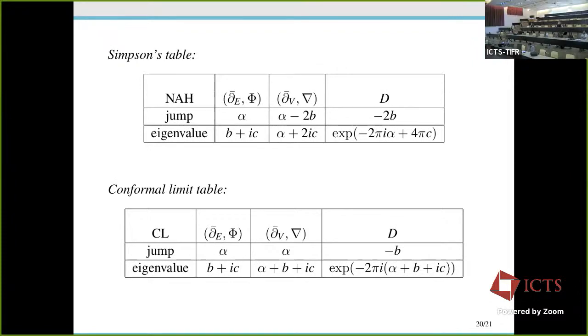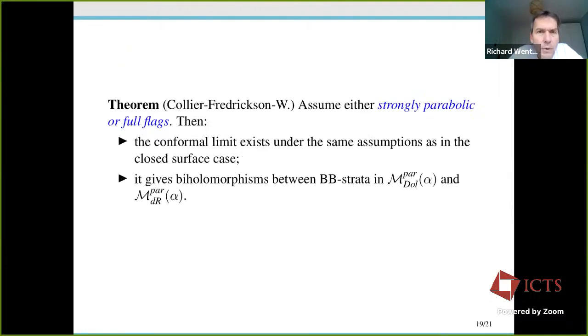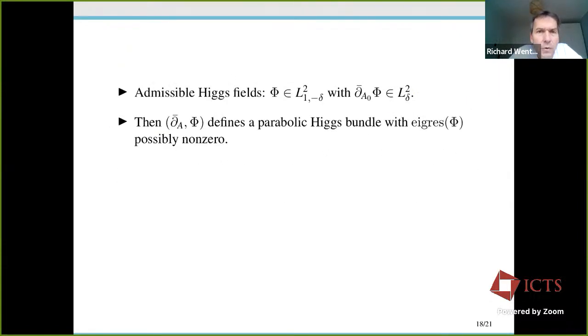And is there no chance you can construct, with these gauge theoretic methods, the moduli of parabolic bundles for more general parabolic structure? Yeah, I'm very confused on that point. I really don't know what's happening.